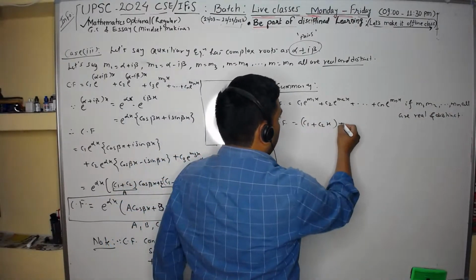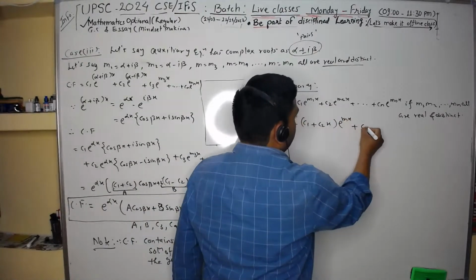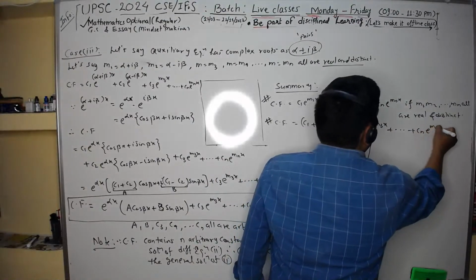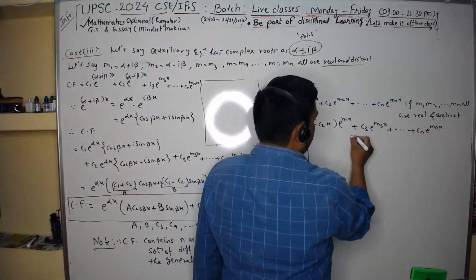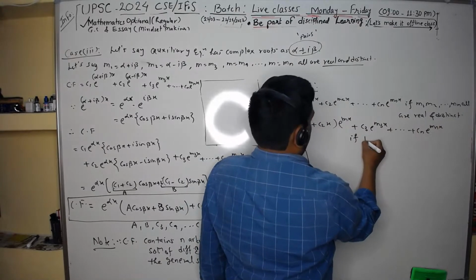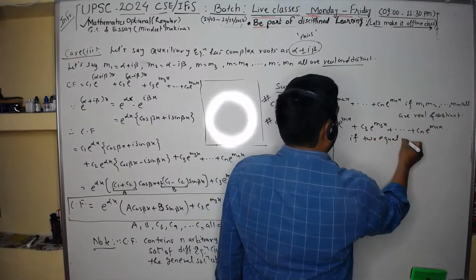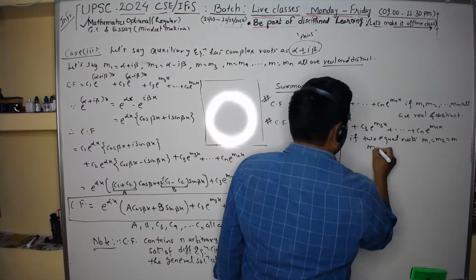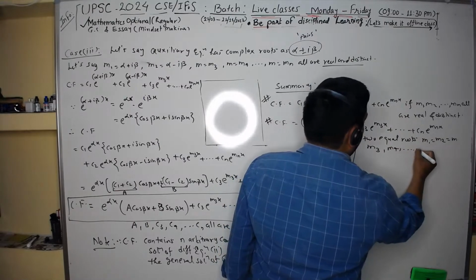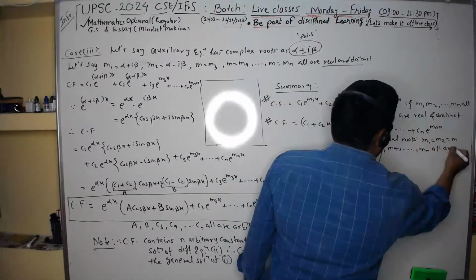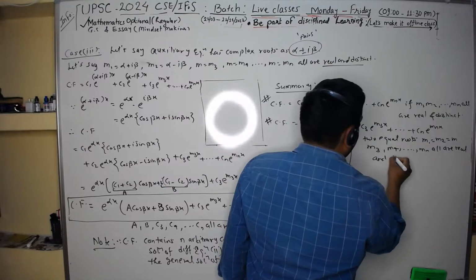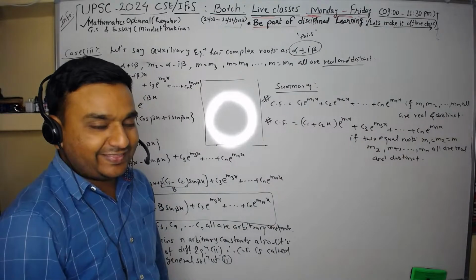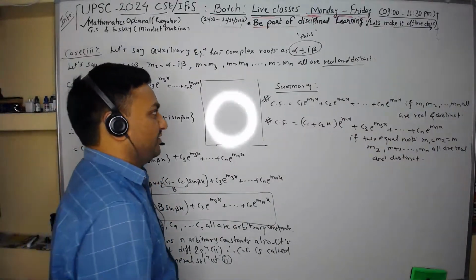Doesn't matter at all. e raised to the power mx plus C3 e raised to the power m3x plus Cn e raised to the power nx. When? If two equal roots, m1 equals m2 equals m, m3, m4, mn all are real and distinct. Please focus these words, okay? Then only you will feel differential equations.